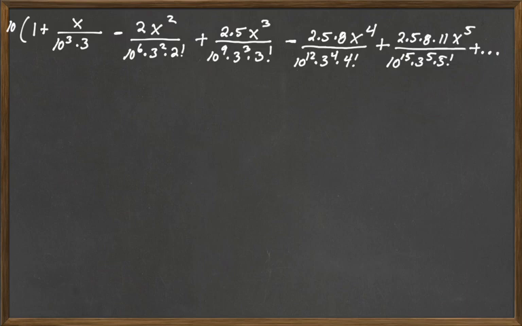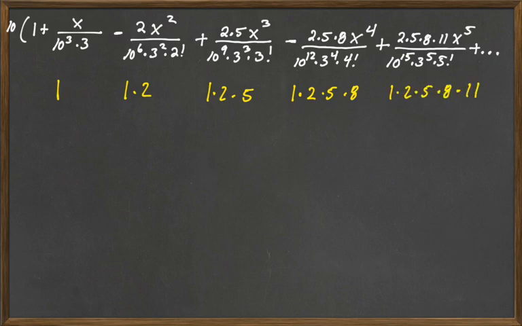It looks like after the first 2 terms we begin alternating signs, which may mean that we would have to neglect the first term or maybe the first 2 terms. And then we have a 1, and then a 1 times 2, and then a 1 times 2 times 5, and then a 1 times 2 times 5 times 8, and a 1 times 2 times 5 times 8 times 11.